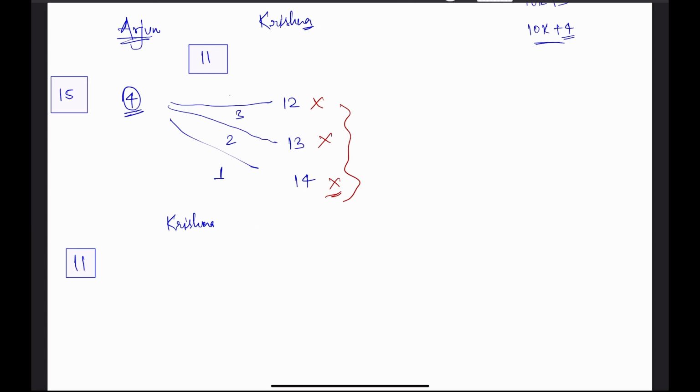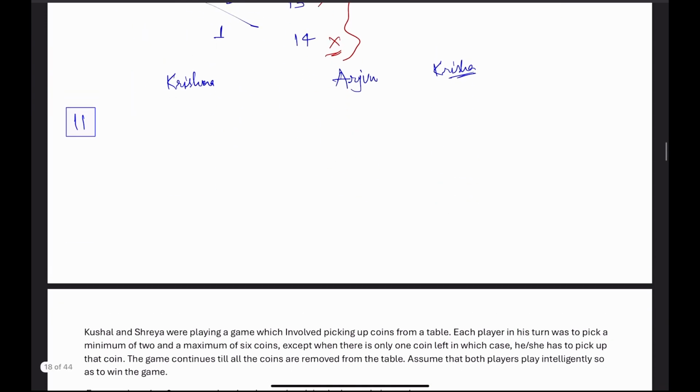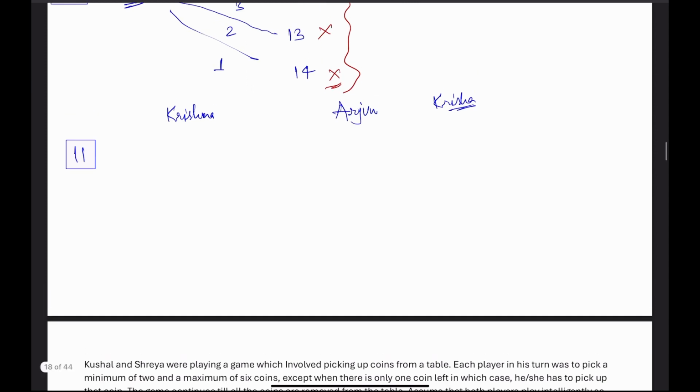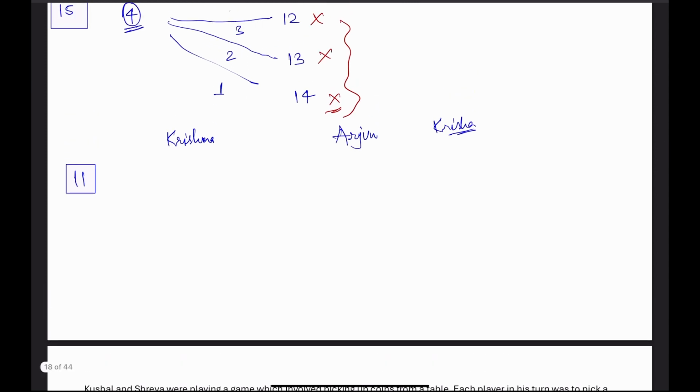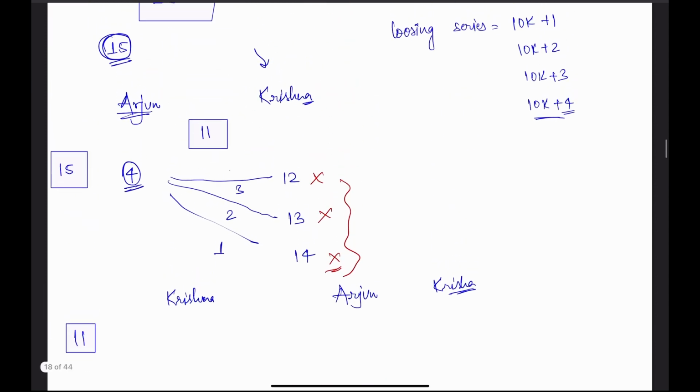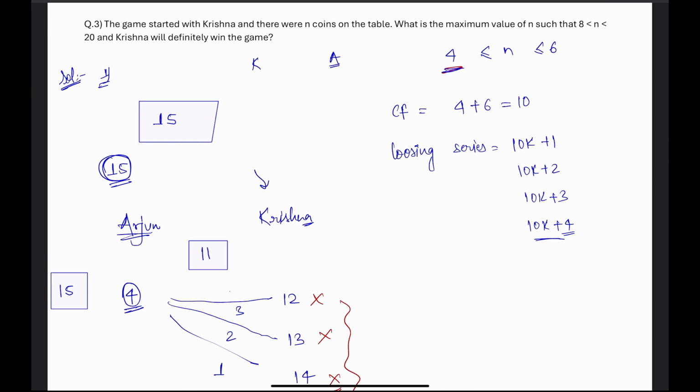Krishna will pick here, then Arjun, and then Krishna. And we know that the last one to pick loses, so we are going to find the answer over here only. Let's take an example: Krishna can pick anything, there is a possibility between 4 to 6.